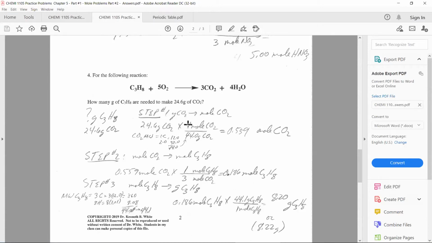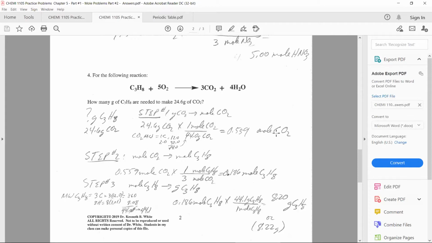Where do I get this ratio? 1 mole of a compound equals the molecular weight of CO2. What's the molecular weight of CO2? 1 carbon, 2 oxygens. That would be 2 times 16, 1 times 12, and add it up, and you get 44.0. And grams of CO2 divided by grams of CO2 cancel out. I get moles of CO2.